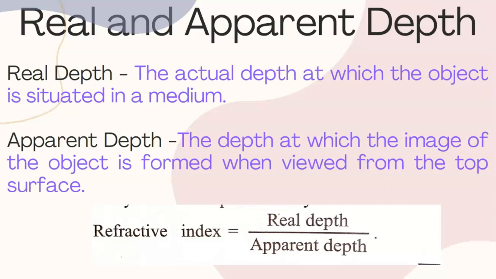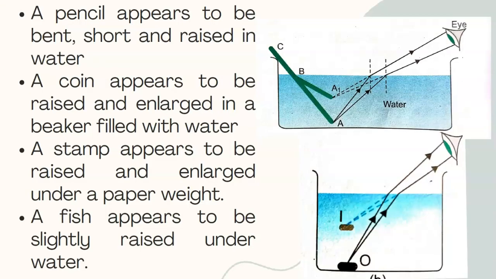To get a better idea about real depth and apparent depth, we consider two optical phenomena. When we place a pencil or a stick inside water, the stick or pencil appears to be bent, short, and raised in water. That is obviously because of refraction of light when the ray of light is traveling from water to air and entering our eyes.